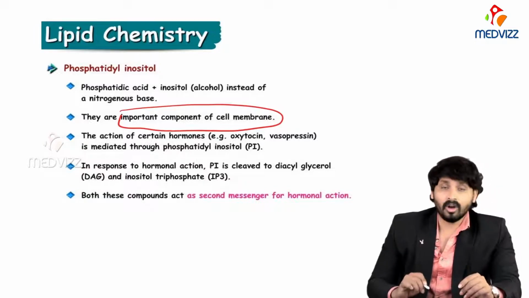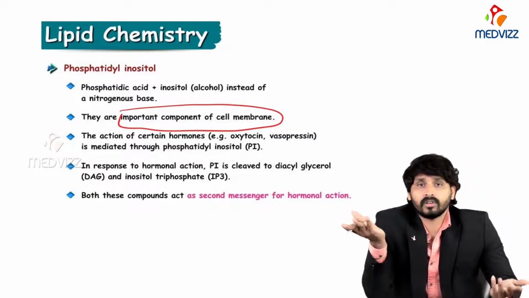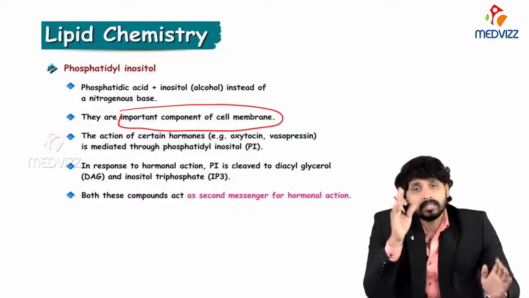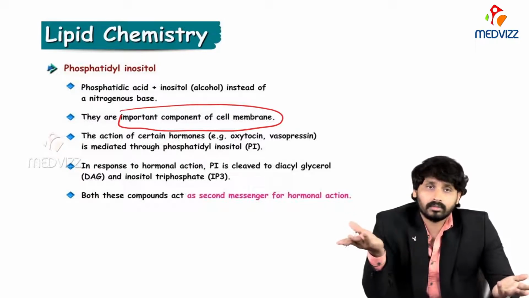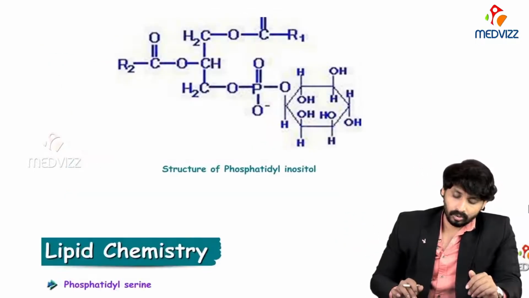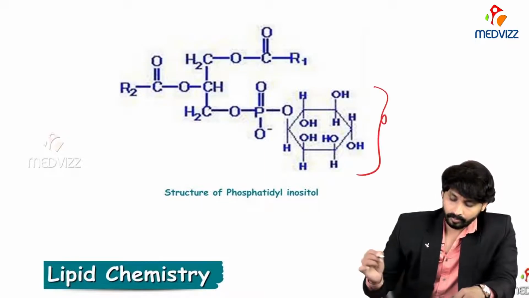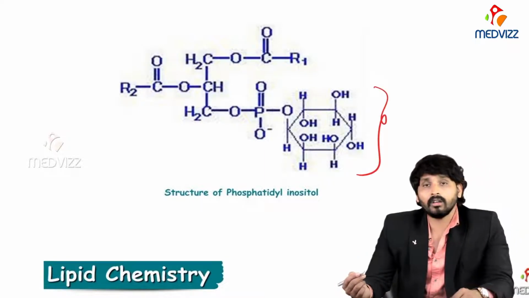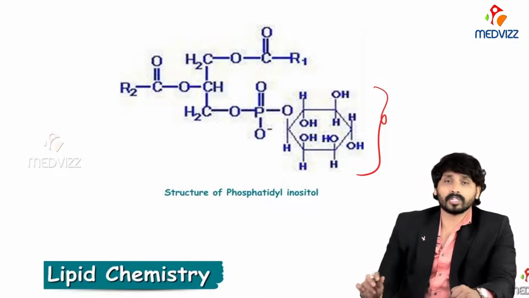In response to hormonal action, PI is cleaved to diacylglycerol and inositol triphosphate. So this is the structure. Here you see the carbohydrate form, the alcoholic form of carbohydrate, along with the phosphate group.